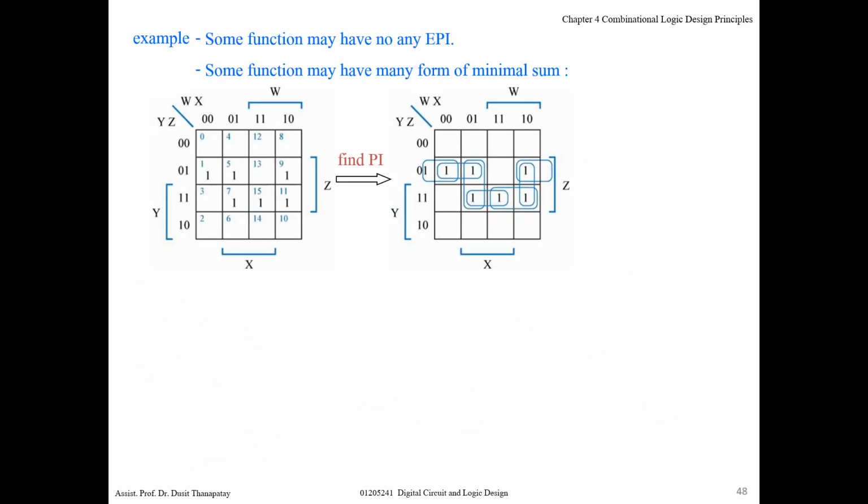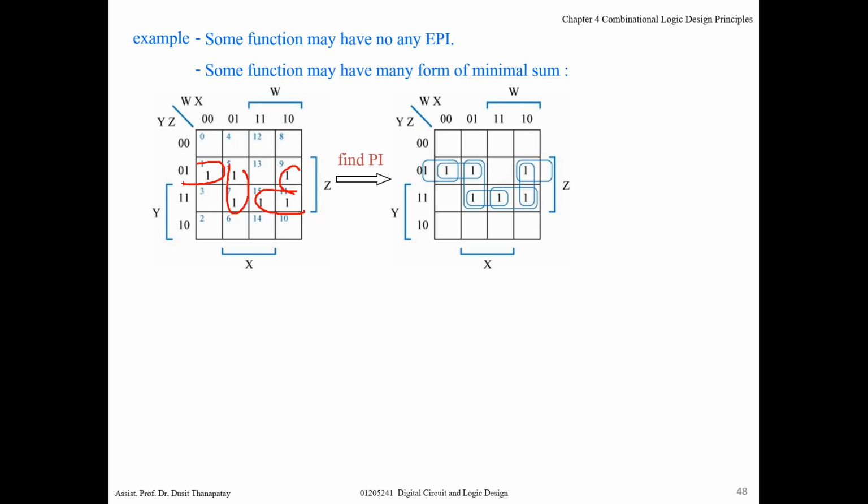For this page, maybe nothing, just showing some examples. For this example, it just shows that when you select this, or this, you will get the minimal sum, or if you select this and this, you also get the minimal sum.